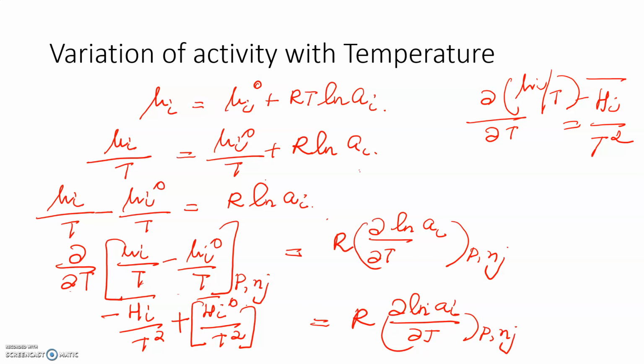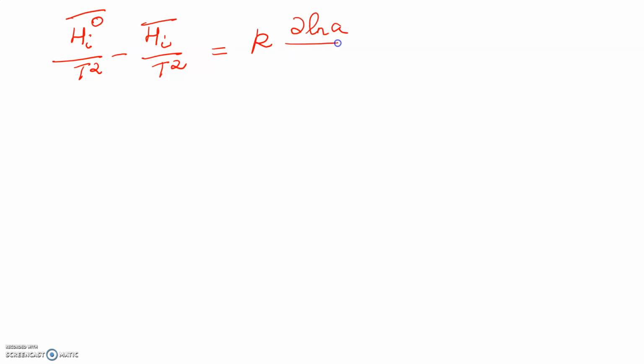Okay, so now let's rearrange this equation and we can write H̄_i⁰/T² minus H̄_i/T² is equal to R into ∂ln a/∂T at constant pressure and N_j.